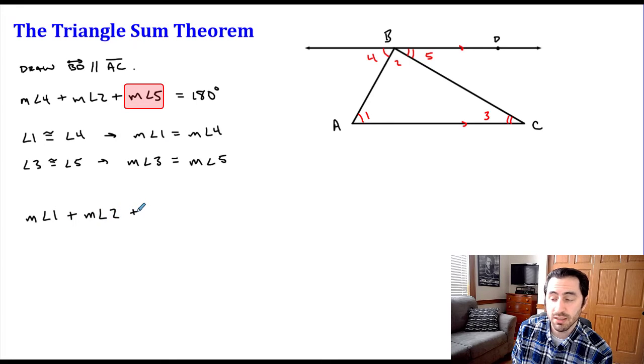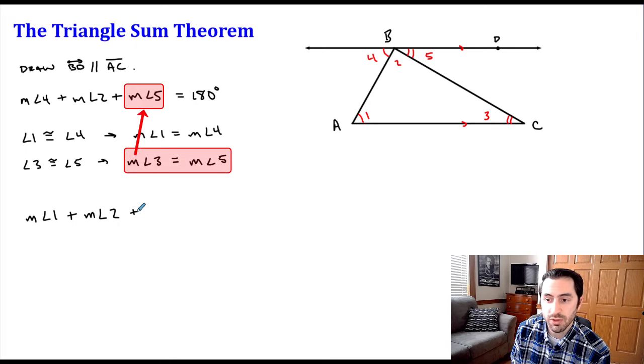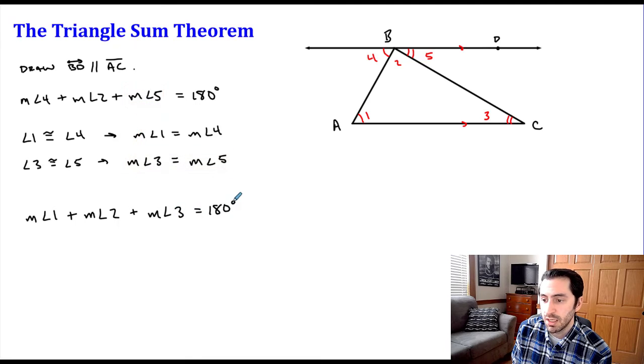And then one more piece of substitution: instead of the measure of angle 5, we'll substitute in the measure of angle 3. And this is it. This is our triangle sum theorem. As we can see, with a little bit of substitution, we end up with the measure of angle 1 plus the measure of angle 2 plus the measure of angle 3 all adding up to 180 degrees.